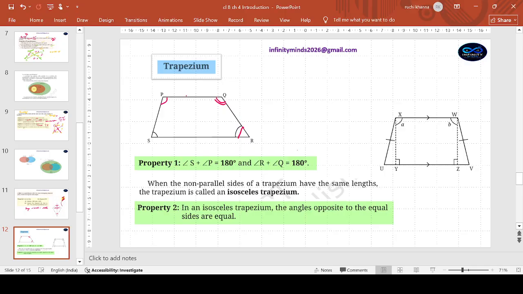In a trapezium, only one pair of opposite sides is parallel.